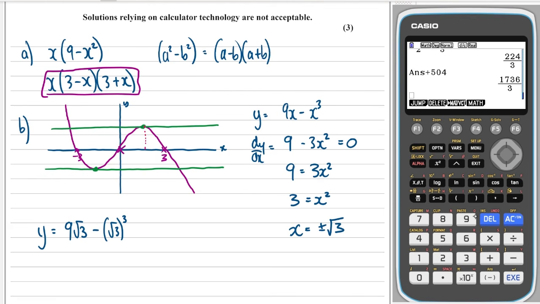So we can do that in our calculator. That would be 9 times root 3 and then minus root 3 cubed, and we should get 6 root 3. Okay, great.